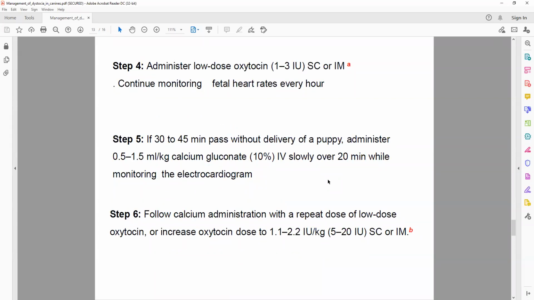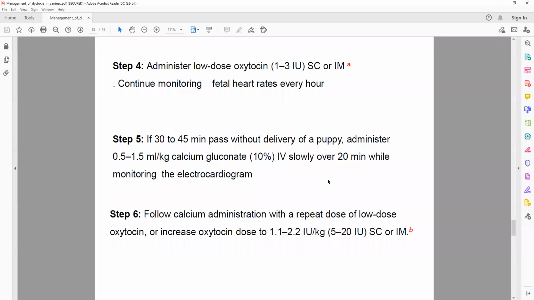Now, after getting these examinations done, in anamnesis you have to ask whether any one or two fetuses have been delivered or not, or whether the owner has seen any fluid discharge. Greenish, dark greenish, or normal light pink, any kind of discharge. So what will it tell?